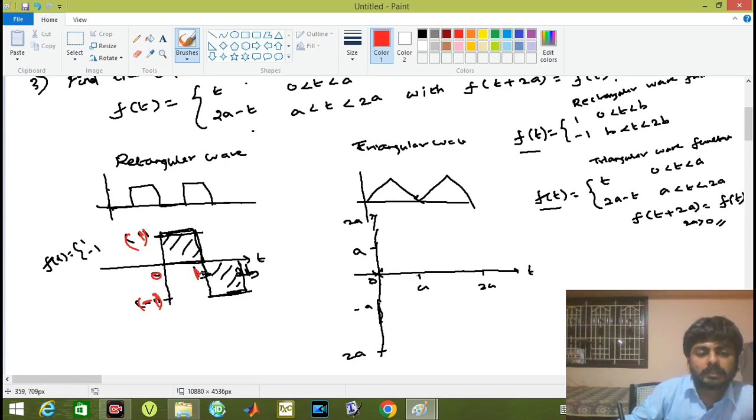Here it is b, here it is 2b. Now here you are having -a, -2a, here it is a and 2a. So here a, 2a for t. See, this is f of t.